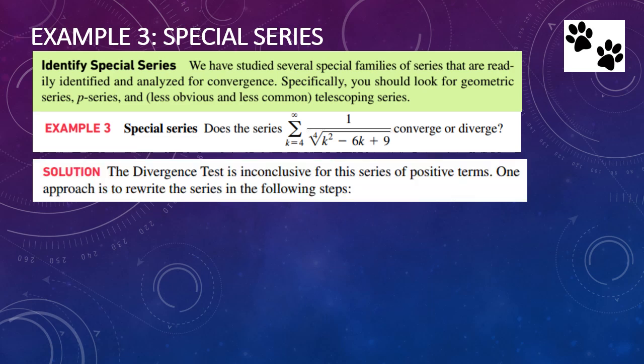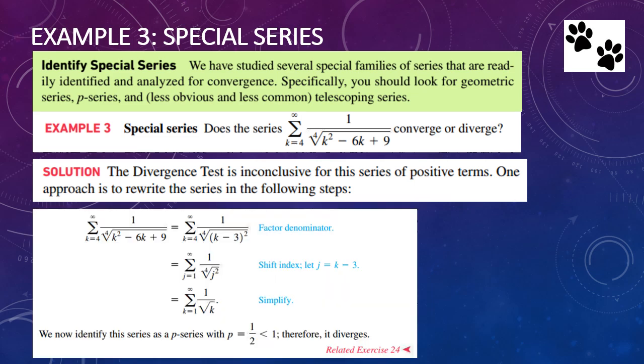If we start with the divergence test, what we're going to find is that this is inconclusive for this series of positive terms. One approach is to rewrite the series in the following steps. Notice we can rewrite the denominator, since the radicand is a perfect square, as the 4th root of (k minus 3) squared. Okay?